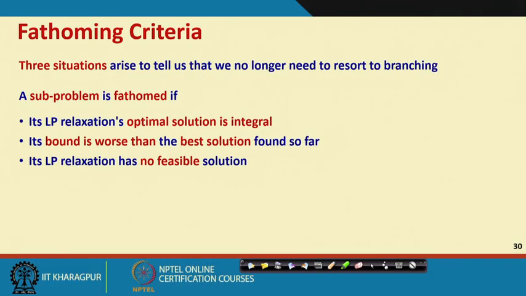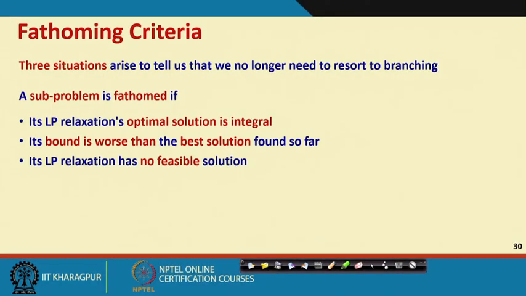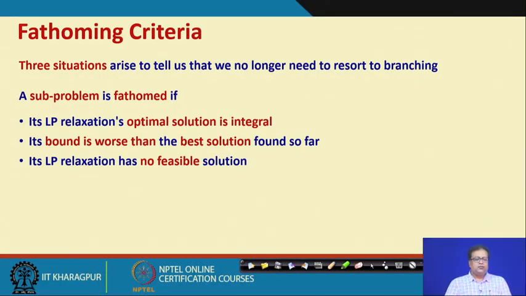So, you see, something becomes fathomed when we find a bound, but there is some other bound at a different problem which is providing a better value. So, we find a lower bound here which is higher than a lower bound elsewhere. That means this one is fathomed. Third, the LP relaxation has no feasible solution. By LP relaxation we found an infeasible solution, that means also we can stop there, right.